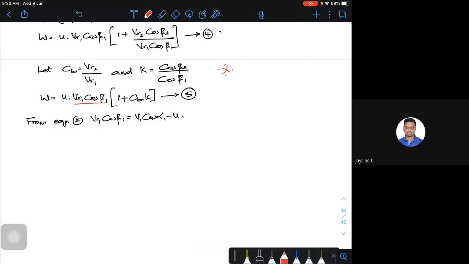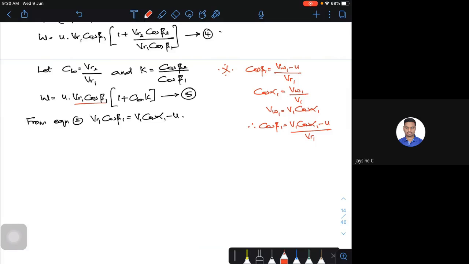We have cos beta 1 is equal to VW1 minus U divided by VR1. But cos alpha 1 is equal to VW1 by V1, or I can write VW1 is equal to V1 cos alpha 1. Therefore, cos beta 1 is equal to V1 cos alpha 1 minus U divided by VR1.